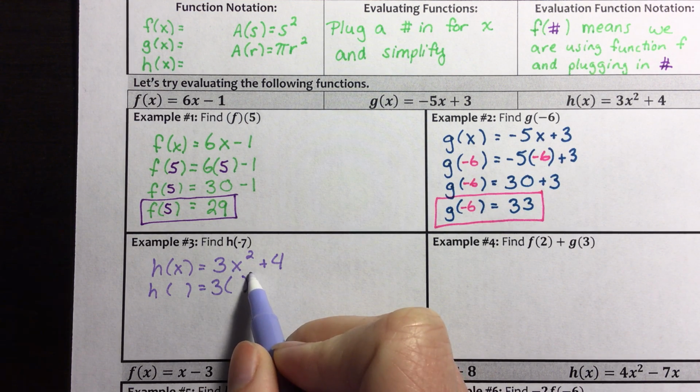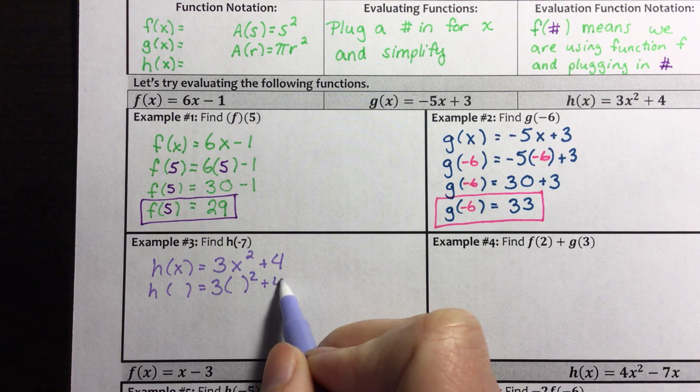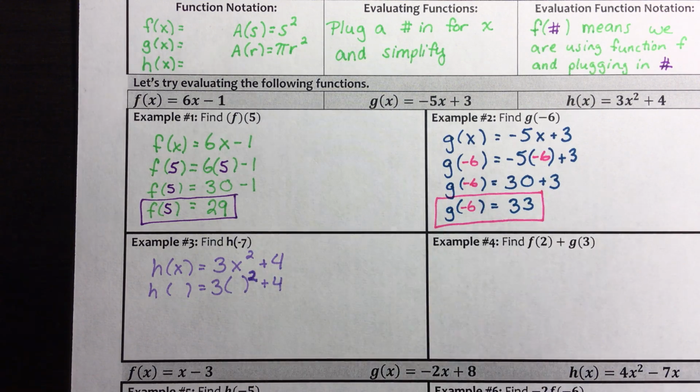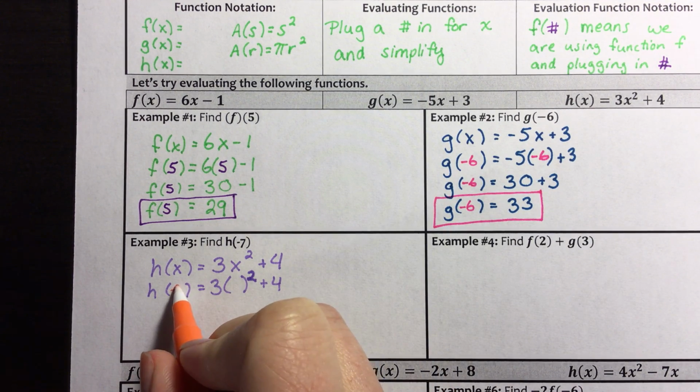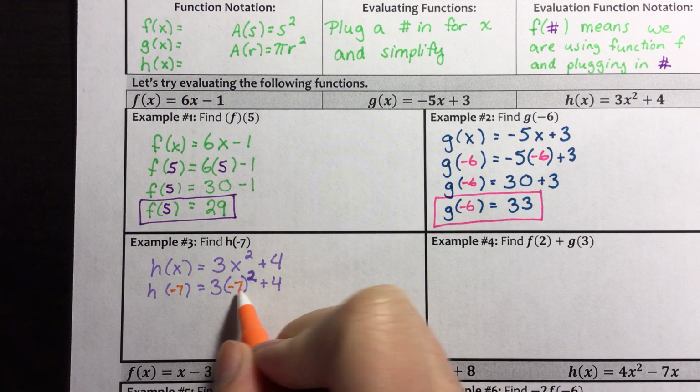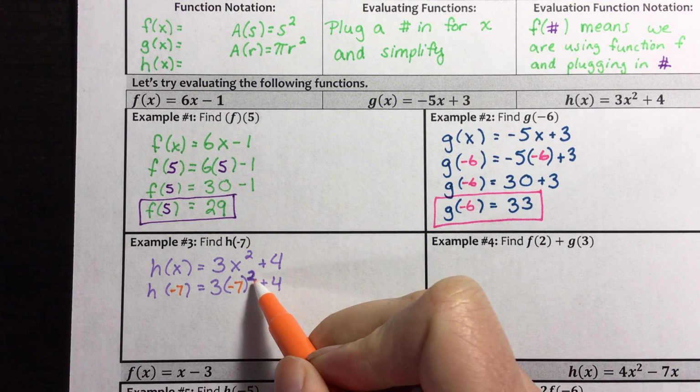So like before, everywhere we see an x, you should put a set of parentheses. This is helpful for several reasons. First off, if you're plugging in negatives, it shows that you're not subtracting, you're multiplying. For another thing, especially in this problem, it shows what is supposed to be squared.